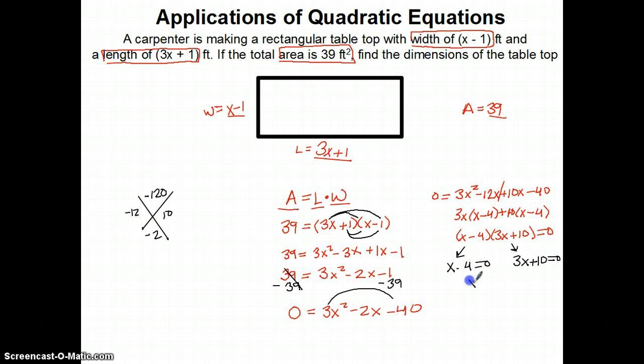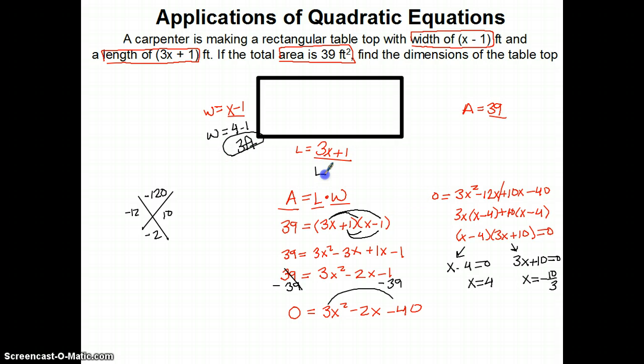When I solve the first, I find that x equals 4. And when I solve the second, I find that x will equal negative 10 over 3. Since I want the dimensions of the tabletop, I'm going to go back and plug this in. Taking my x and plugging it in, w is going to equal 4 minus 1, which is 3 feet.